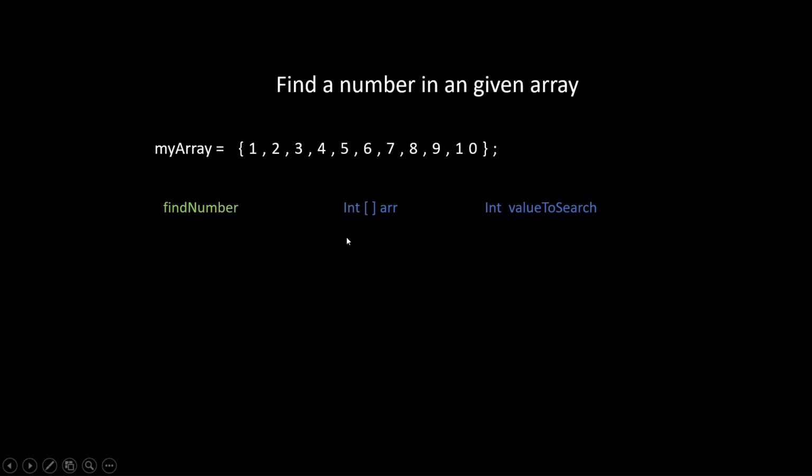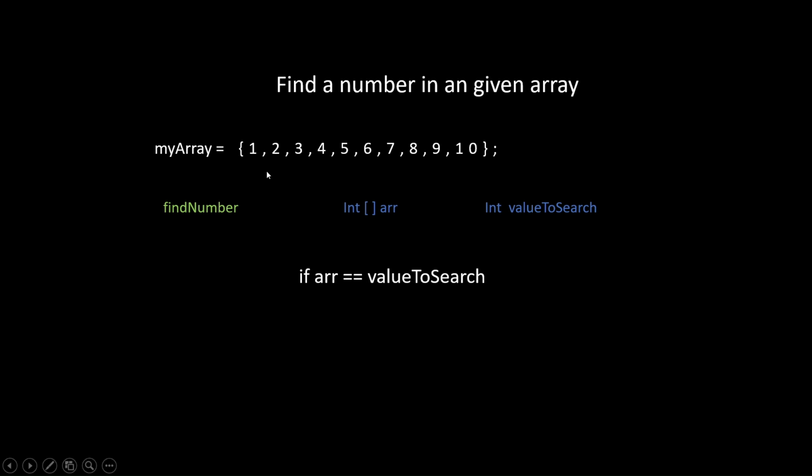Inside the loop, we need one logic: if arr[i] is equal to the value to be searched. When i is 0 or 1, it checks whether that element is equal to the value to be searched. If it's equal, it returns the value.